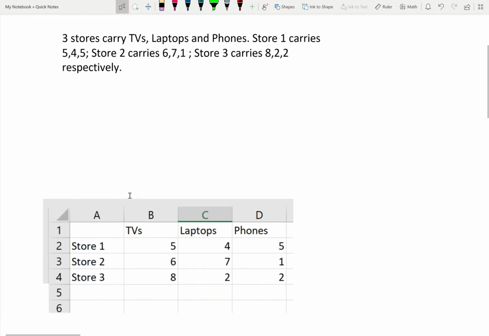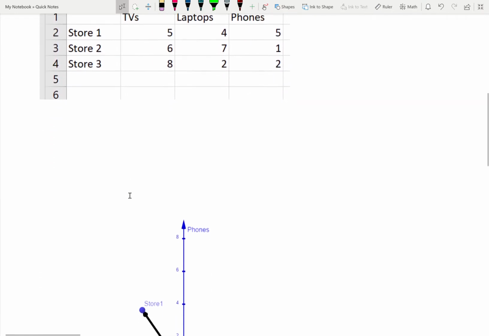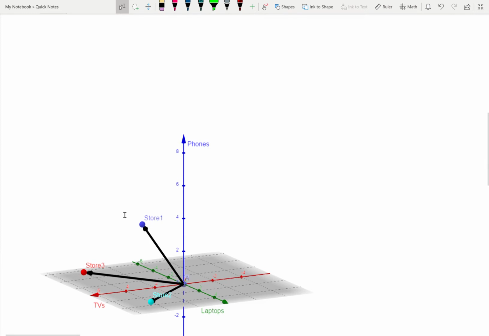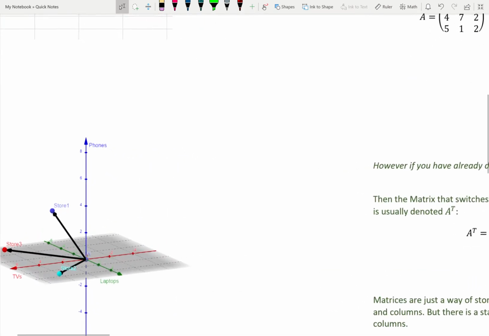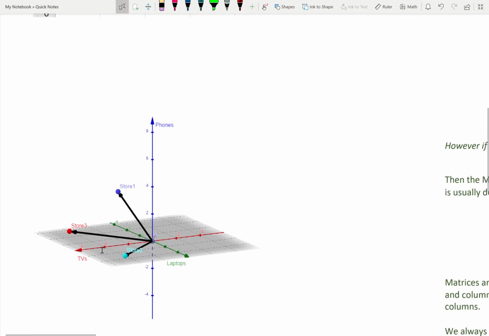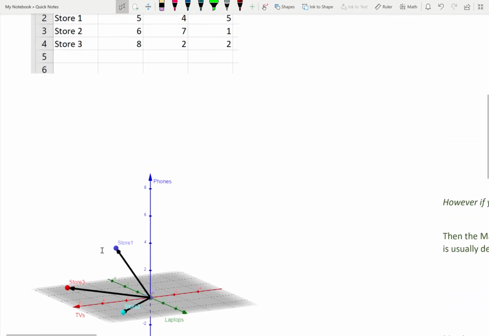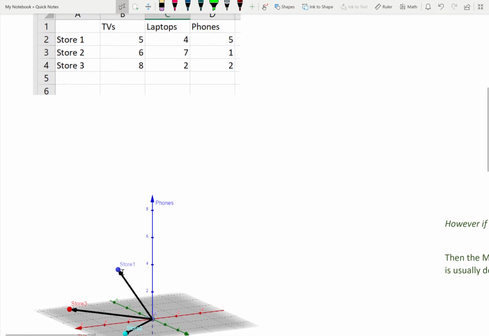Okay, so how about if we want to graph this information? Well, we can graph this using something which might look a little complicated, but I promise you it's not. Something that looks like this, where we're using a three-dimensional almost plane. Here, store 1, see this blue point right here?